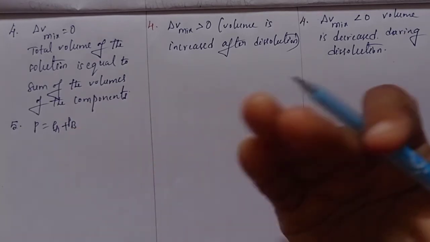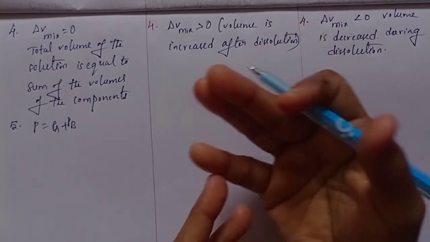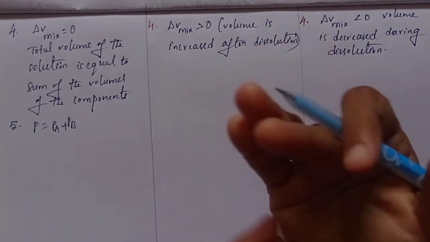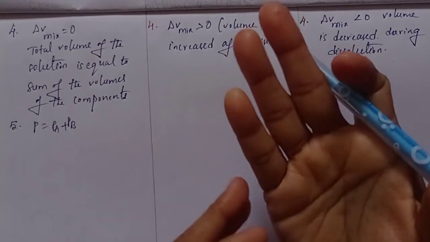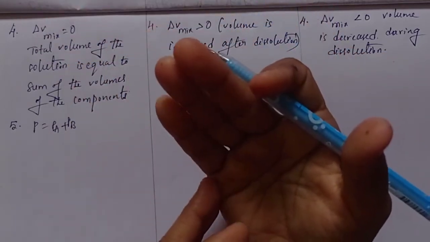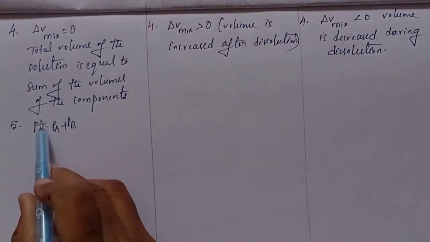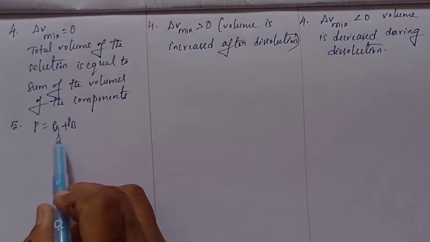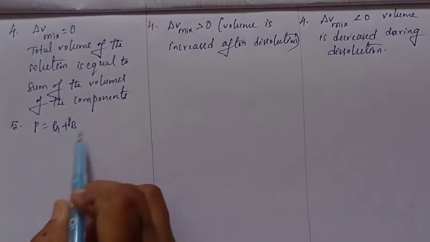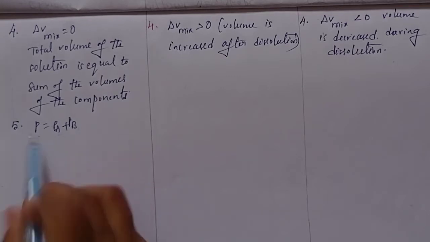Because interactions are same, AB, BB interactions are same. Correct? Because here attractions are same, AB attractive force is same, BB attractive force is same. So the total pressure of the solution is equal to the sum of the partial vapor pressures of the individual components A and B.